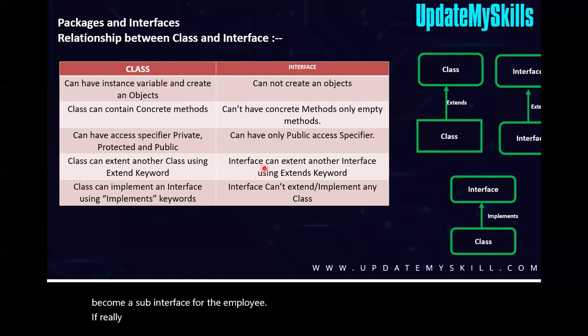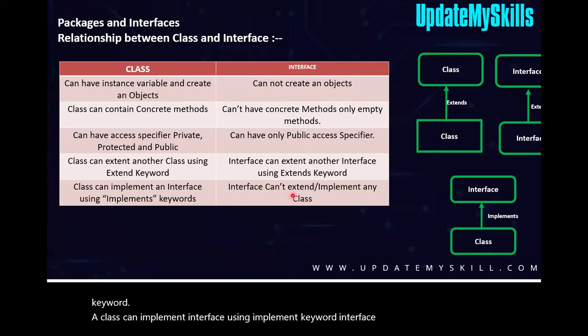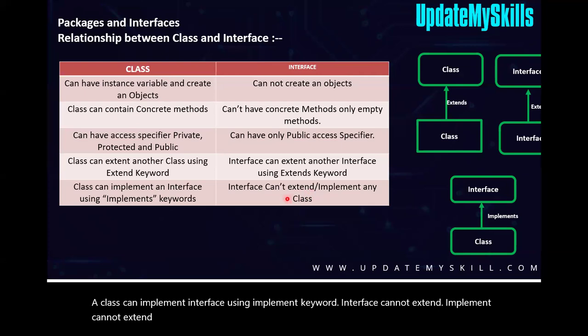The meaning is that an interface can extend another interface using the extends keyword. A class can implement an interface using the implements keyword. An interface cannot implement any class. A class can implement the interface, but the interface cannot extend any class.